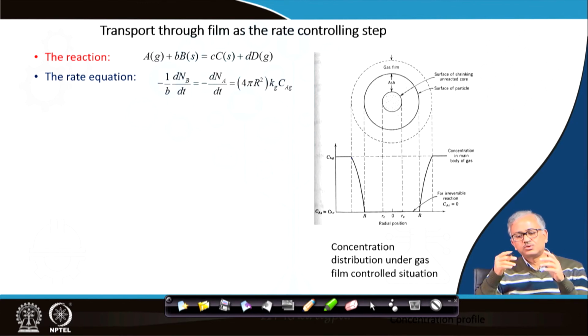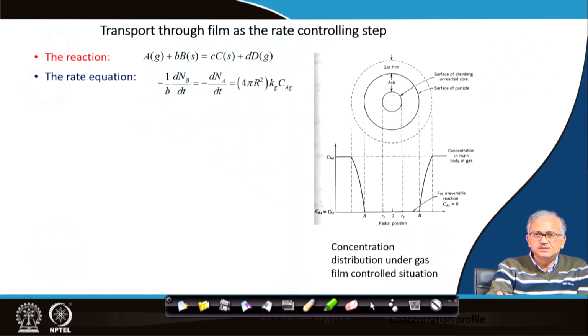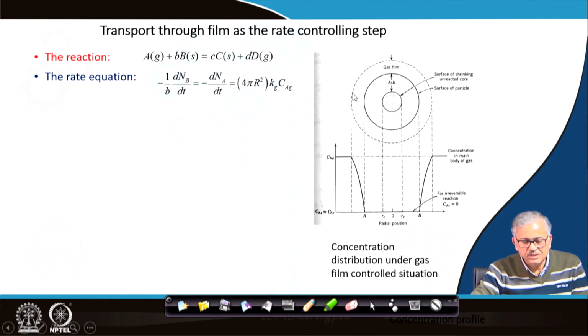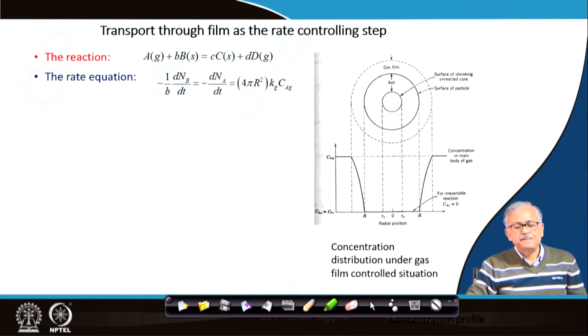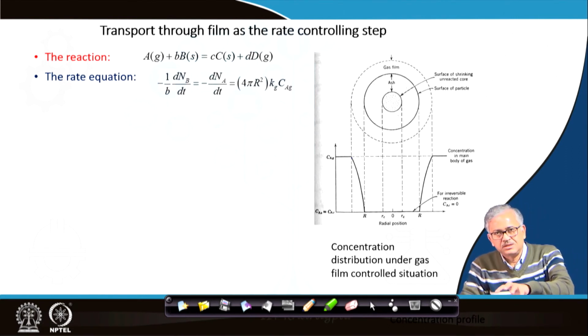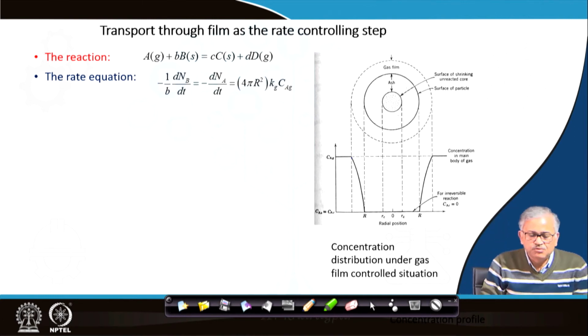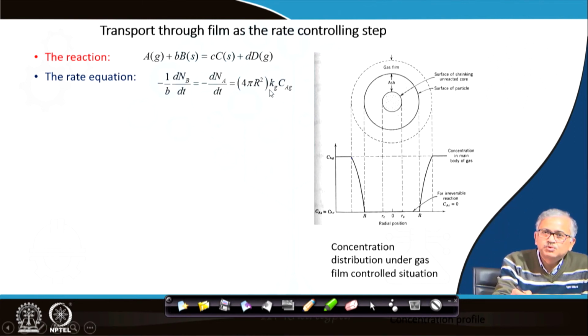It is directly proportional to the concentration difference across, CAG minus CAC or CAE, and to the surface area, which obviously depends on the external surface area 4 pi R square, and Kg is the proportionality constant.